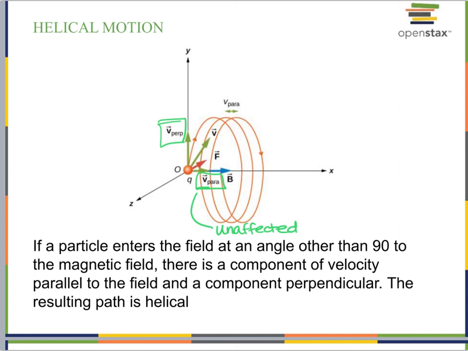So what happens is you get two things happening at the same time: in the direction perpendicular to the magnetic field, the particle is going in a circle, but the portion of the velocity that's parallel to the magnetic field just keeps on going in that direction without any change. And when you combine the circular motion with the parallel motion, you actually get what we would call a helix.